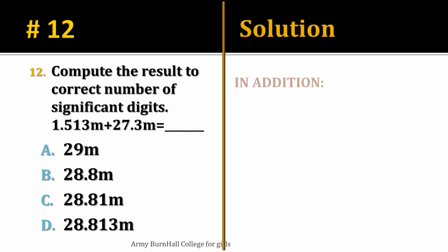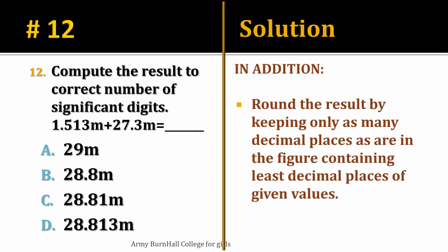We will simply apply the rule of addition, that is, round the result by keeping only as many decimal places as are in the figure containing the least decimal places of the given values. So we will only keep 1 digit after the decimal. That will give us option B as the correct option, 28.8 meters.